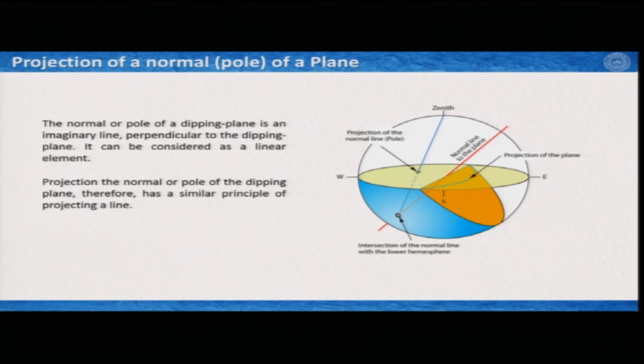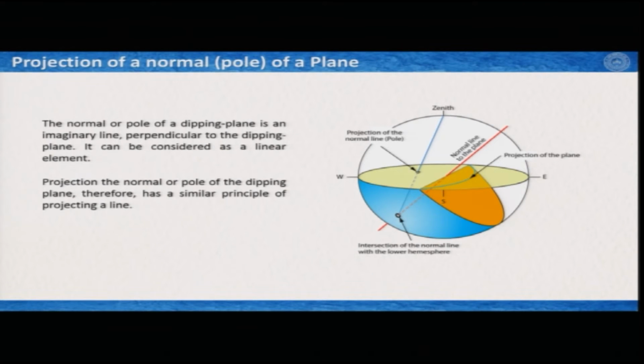It is very similar to the way we plotted the line, but we use a somewhat different technique, because we do not have the data of the line, we have the plane only. So, the normal, or pole, of a dipping plane is an imaginary line perpendicular to the dipping plane, and as I said, it can be considered a linear element.